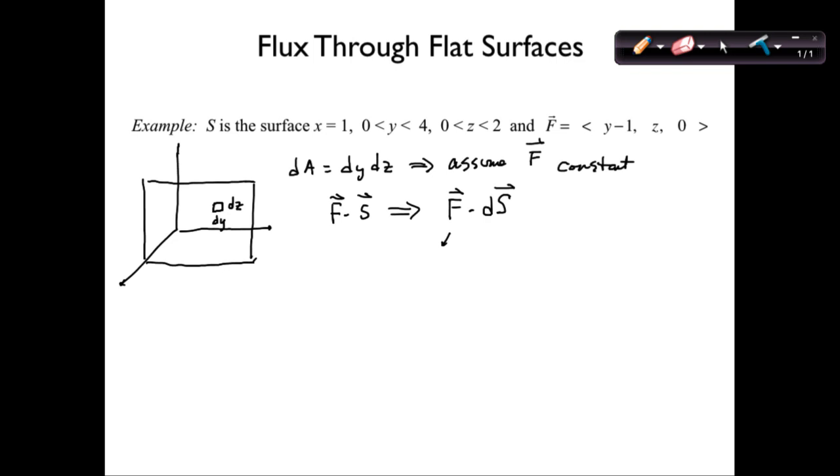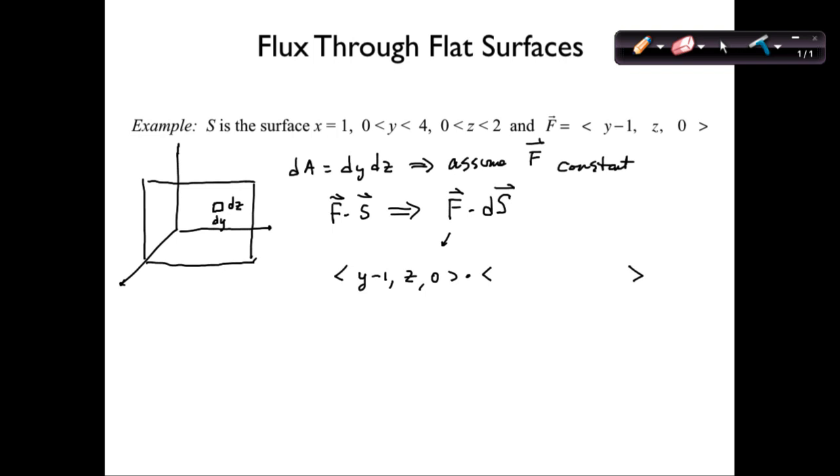So what is F? F is our y minus 1, z, 0. And what is dS, right? What vector is dS? It's an area vector. Remember what we said about area vectors.